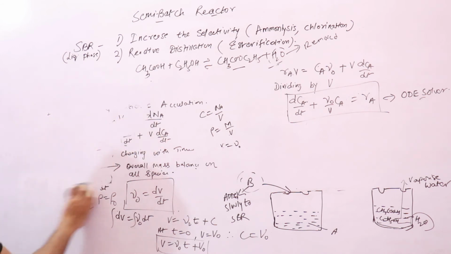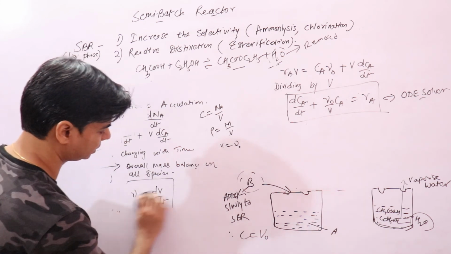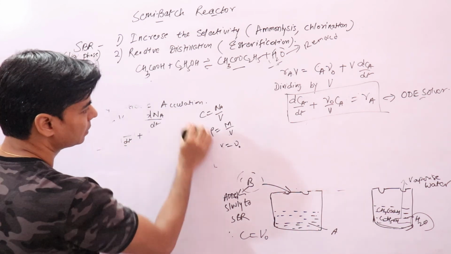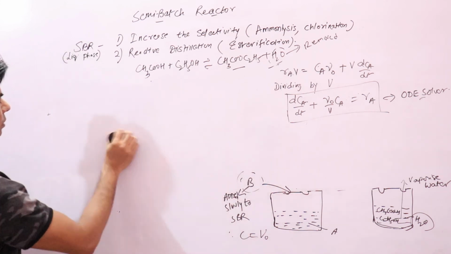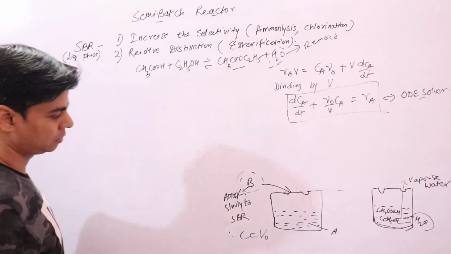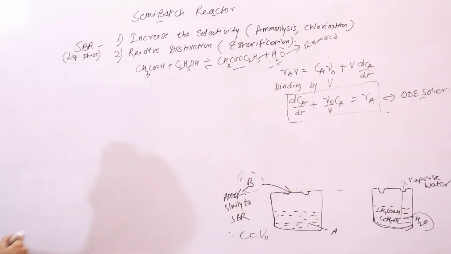Now we have something known as flow rate. B is flowing inside the reactor, the semi-batch reactor, so we will be using flow rate. In minus out: since B is flowing in, we will be using FB0.